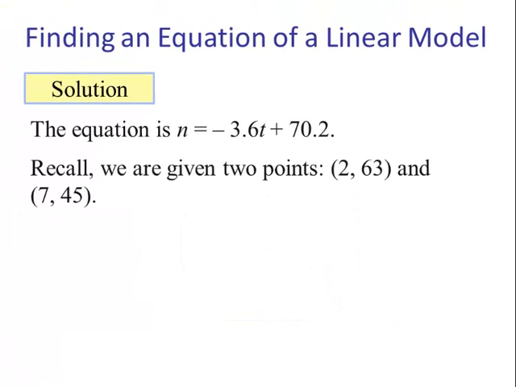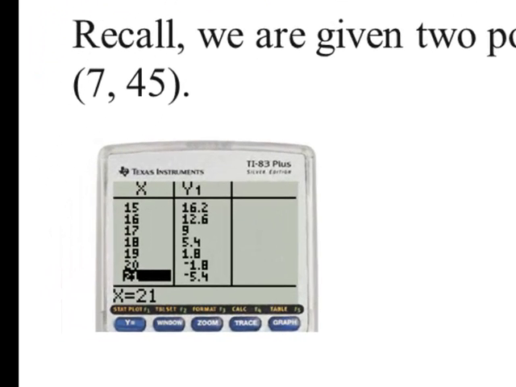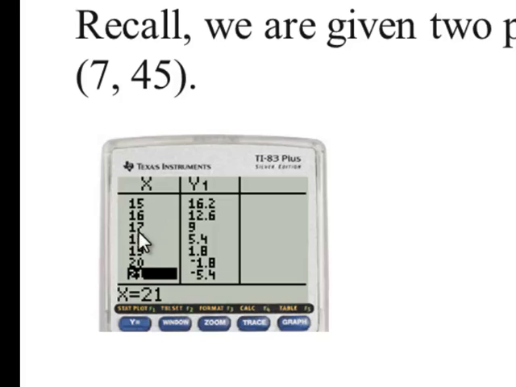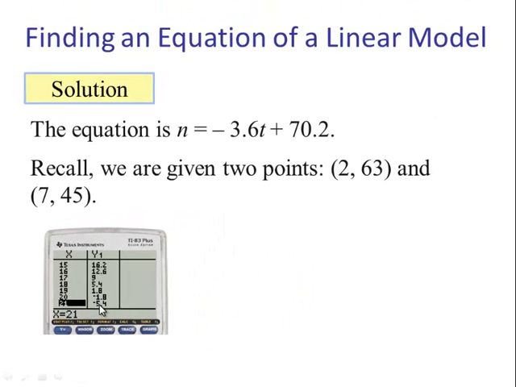Now if you recall, we're given the points (2, 63) and (7, 45). Looking at the x-axis, these 2 points span from 2 to 7. So if I go back to my table and scroll until I start seeing negative numbers for the y, that will help me define what x's to use, because in terms of this problem, negative numbers do not make sense.